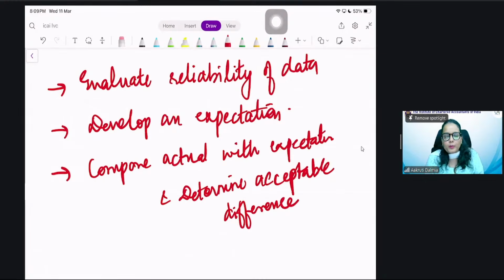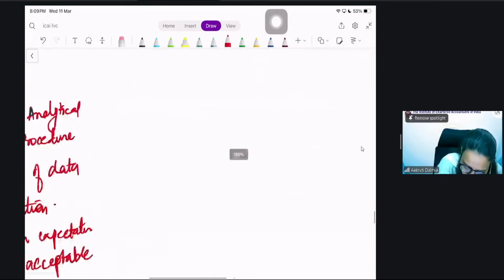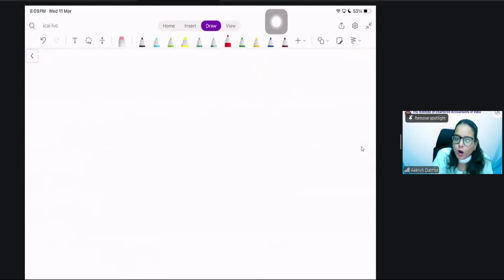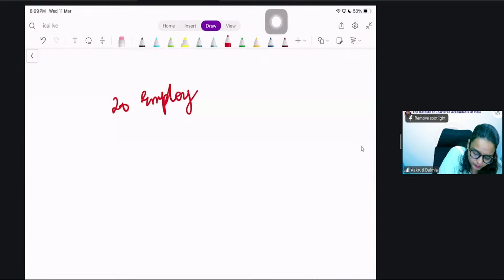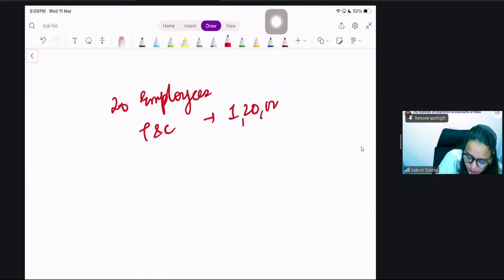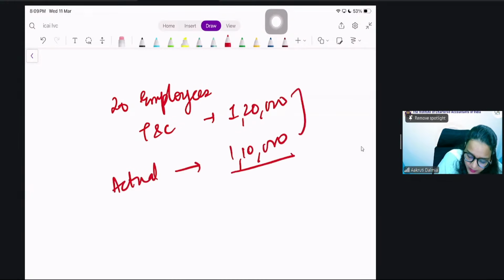Okay, determine acceptable difference. So let's say that your prediction is that for 20 employees, the tea and coffee expenses should be 1,20,000. Now actual is 1,10,000. Is this 10,000 rupee difference okay to you?